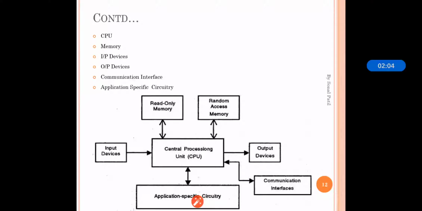We can use a microcontroller or microprocessor as the processor in our system. The microcontroller is a low cost processor, and the work of the CPU is controlling the overall system. We know that the central processing unit is the heart of the system. It's the core of the particular system.